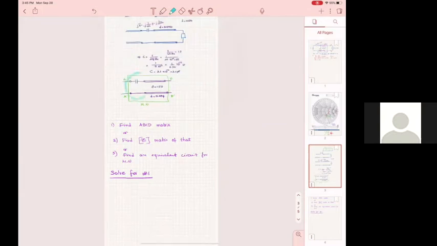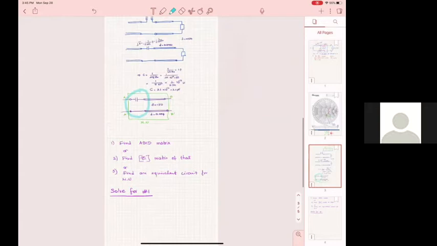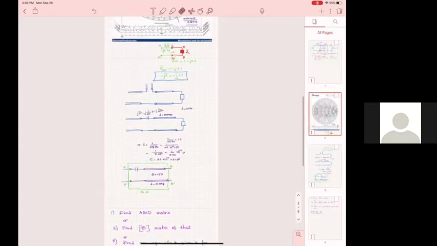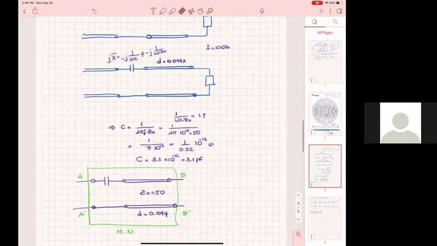Professor, I think your C value is actually wrong. I don't think you divided by 1.7. Let me see. Yes, I did not divide by 1.7. You're right.